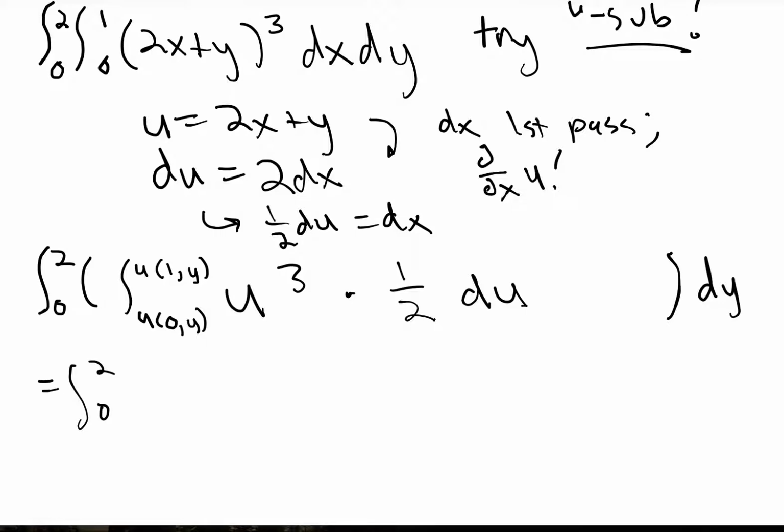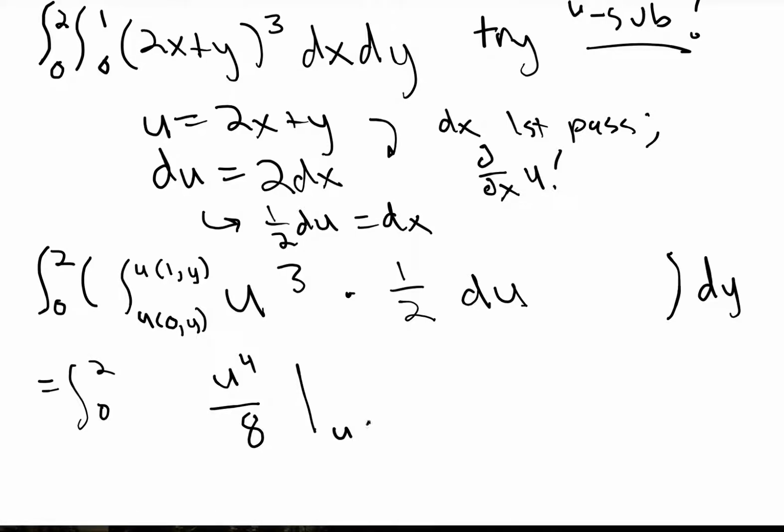Okay? So here, if I'm actually anti-deriving, I will get u to the 4th over 4, but it's times a half, so over 8. This is going to be evaluated between, well, remember we were substituting in for u here.